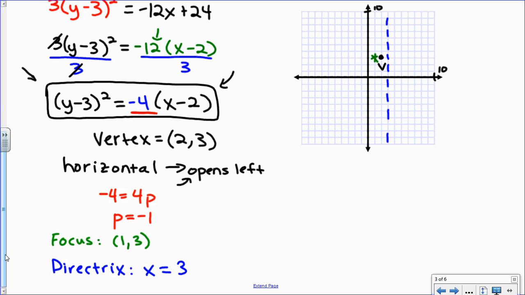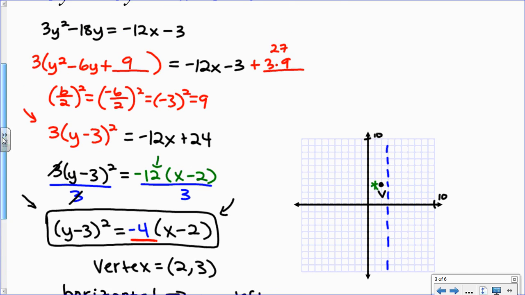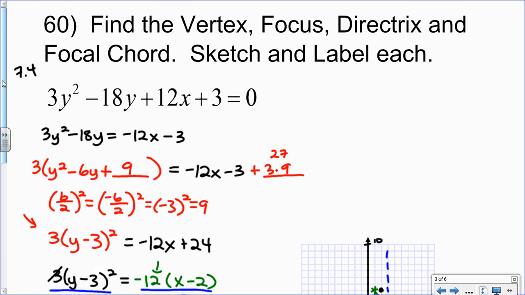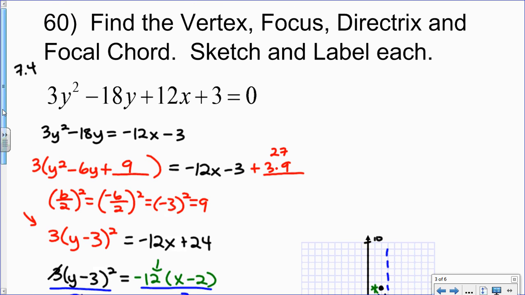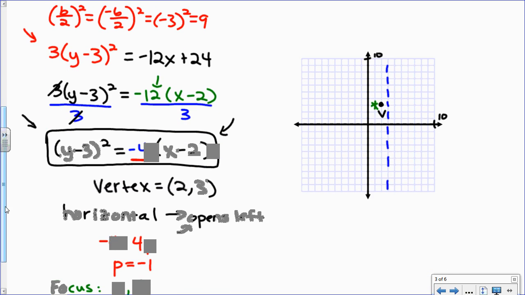Okay, this question also asks us to find, up here, it says find the focal chord. So that's what I need to do now. Just so we have an idea of what it's supposed to look like, I'm going to sketch in this parabola, but I will erase it and make it more accurate. So don't draw yours in yet. But I know it opens left, and here's my vertex, so it's going to look something like this.